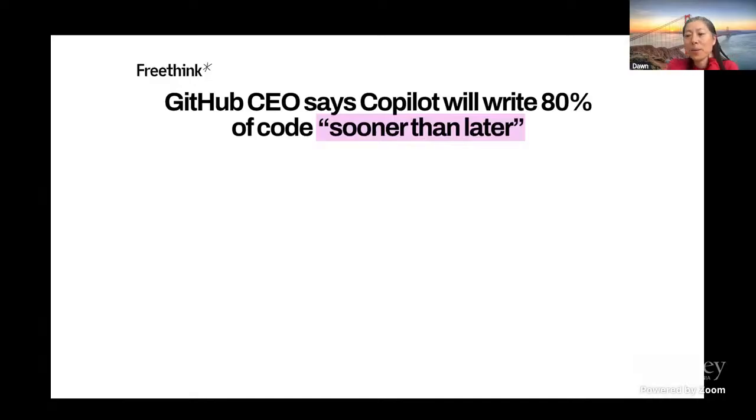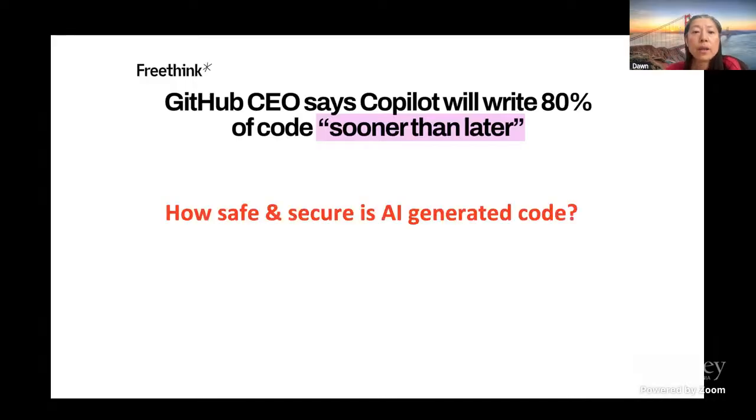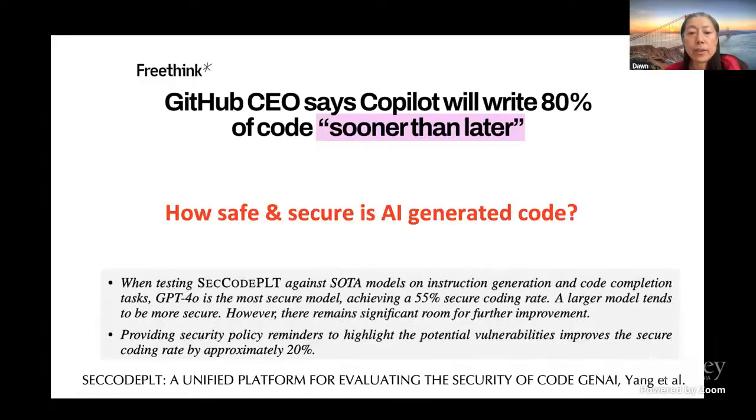Today, people are really excited about coding agents and AI generated code, and more and more of the code is generated by AI. However, how safe and secure is AI generated code? With our recent work and also others' work, we show that today's AI generated code can be vulnerable.